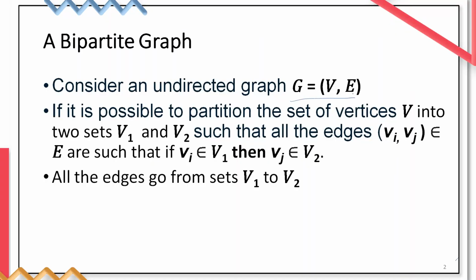So, consider an undirected graph G. If it is possible to partition the set of vertices V into two sets, V1 and V2, such that all edges Vi to Vj belonging to E are such that Vi is in set V1 and Vj is in set V2, then all the edges go from set V1 to V2.